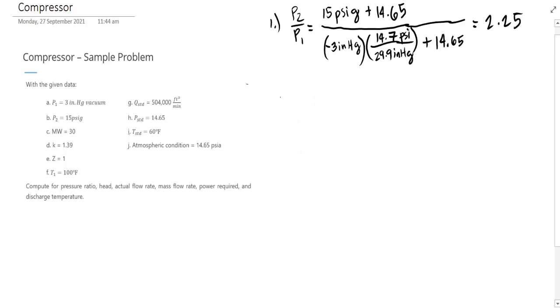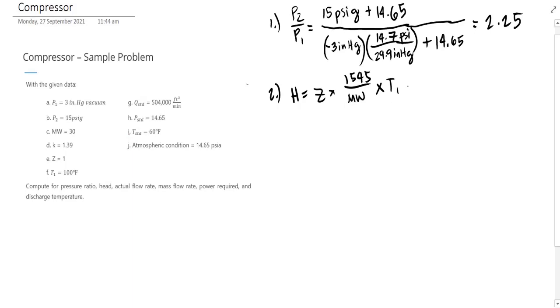Next is yung head. So ano ba yung formula ng head? Head is equal to Z times 1545. So huwag ko nalagay yung unit divided by molecular weight times yung T1.